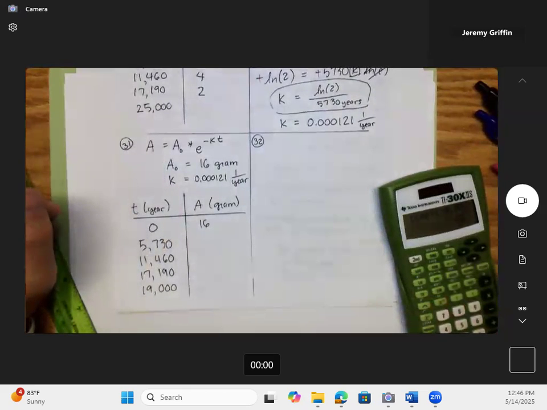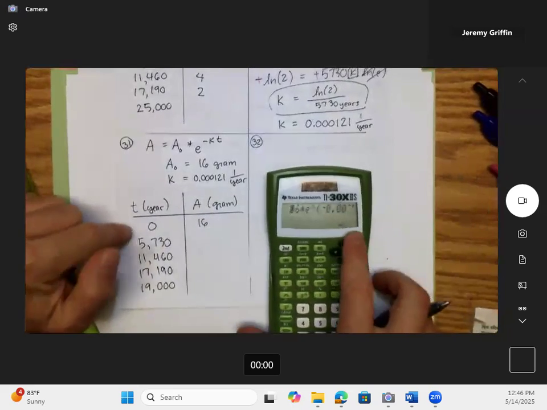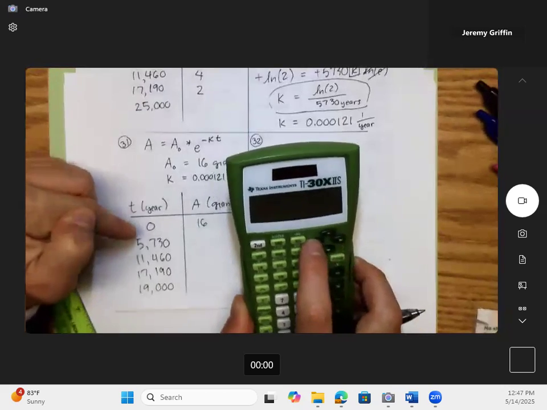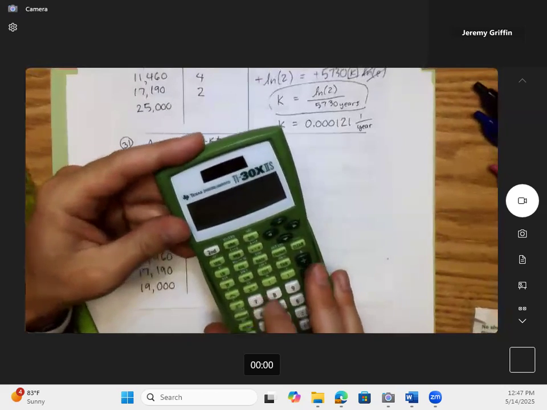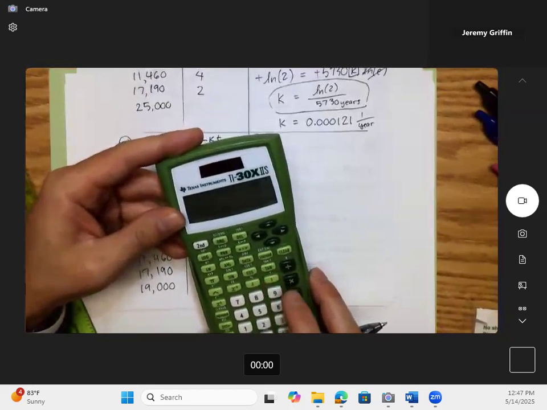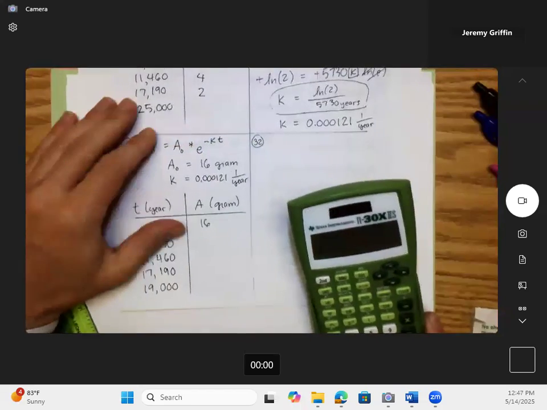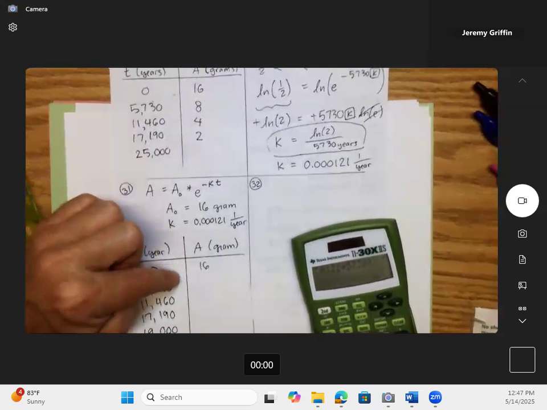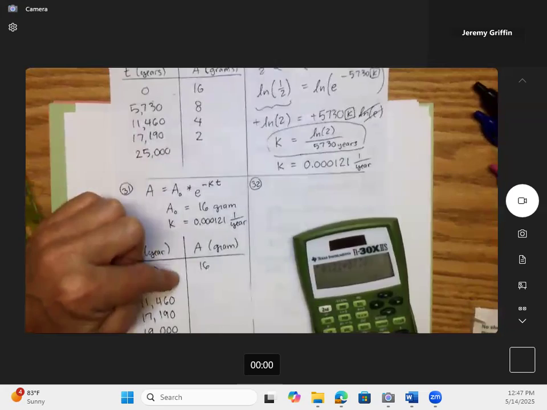Makes sense. Now scroll up, scroll over, and where the 0 for 0 years used to be, I'm going to replace that with 5,730 years. You guys do the same thing? Now, before I hit enter, make sure you guys are following. What number ideally should show up on the calculator screen? Should it be 8?